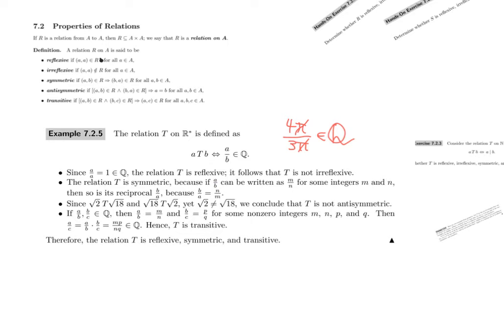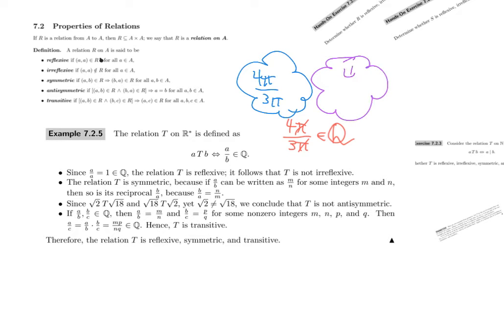So if you have A over B, which is real number over real number, and you can write it as M over N, in other words, we're thinking that A over B is the 4 pi over 3 pi, and the M over N is the 4 over 3 that's equivalent in value to it, then the reciprocal B over A is also going to be rational because B over A is N over M, and both of these are non-zero integers, so we're all good.